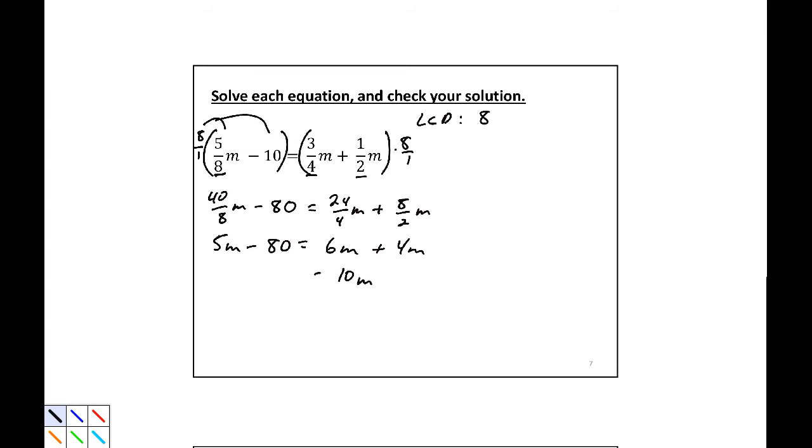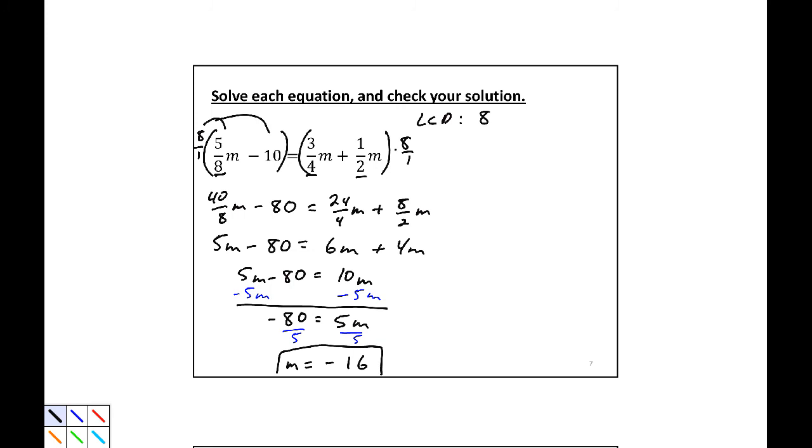Now I'm actually going to subtract 5m here because it'll make things a little easier on me. Minus 80 equals 5m. And then I'll divide by 5. And that should be that m equals negative 16.